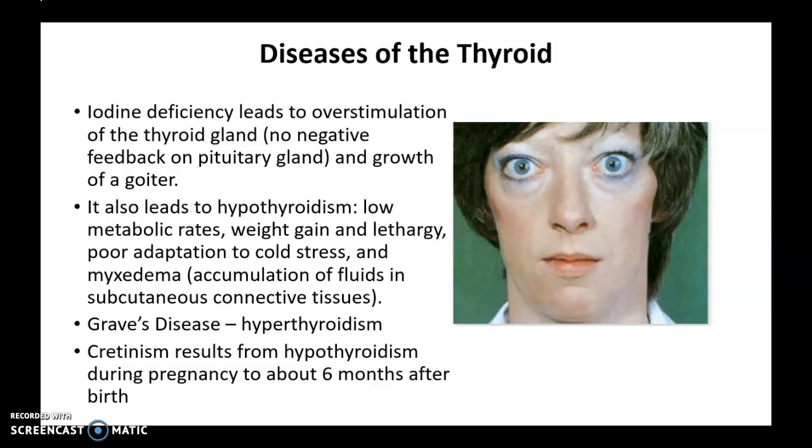Now, a disease that is associated with hyperthyroidism is called Graves' disease. It's an autoimmune disorder in which some autoantibodies bind to the receptors of TSH on thyroid gland follicular cells. So the idea is there are some antibodies that bind to TSH receptors on the thyroid gland.